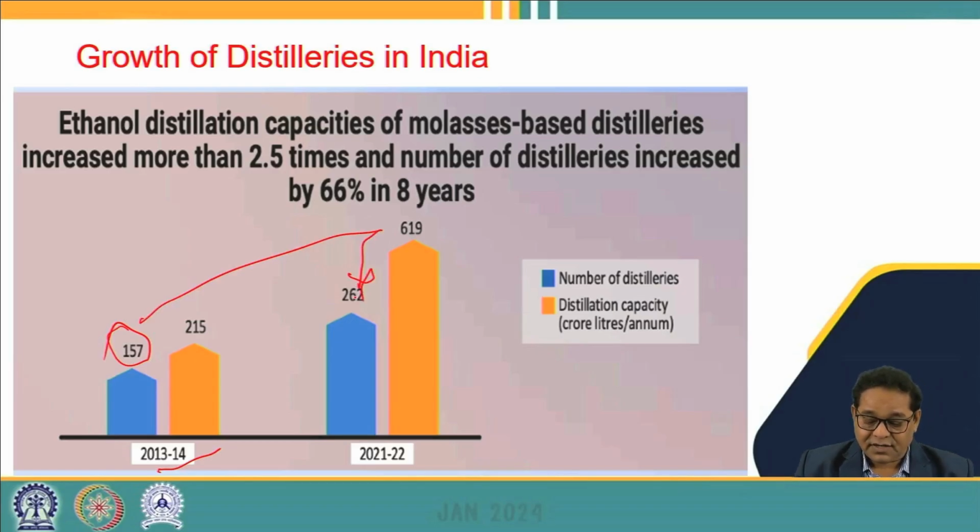So this is showing around 66% growth in terms of total number of distilleries, but in terms of production capacity, it has marked 2.5 times, from 215 to 619 billion liters per annum capacity enhanced in our country. So this is the growth that has been witnessed by this industry.